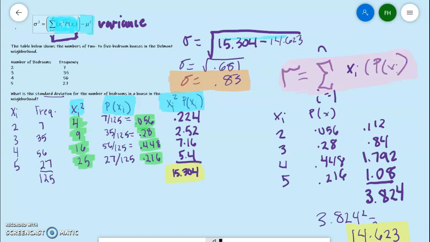So that's what we did right here. We subtracted, and then don't forget to take the square root, and then you will get your answer. And that is how you calculate the standard deviation for the discrete probability distribution. Yes, it is a lot of steps, but they're very simple steps that if you practice this type of problem several times, then you should get the hang of it. Let me know if you have any questions.